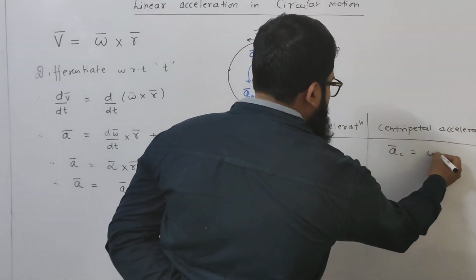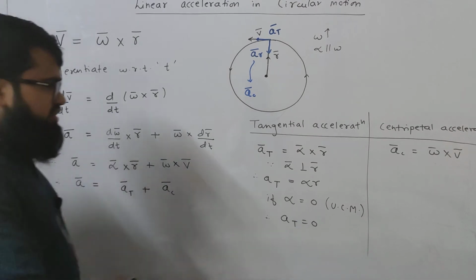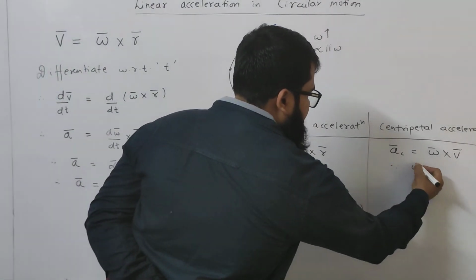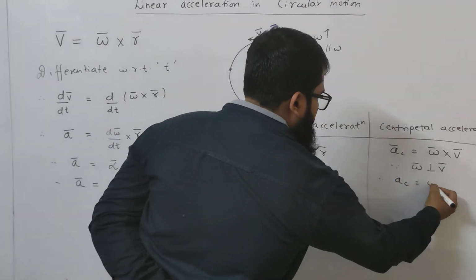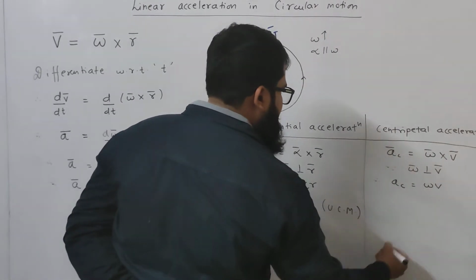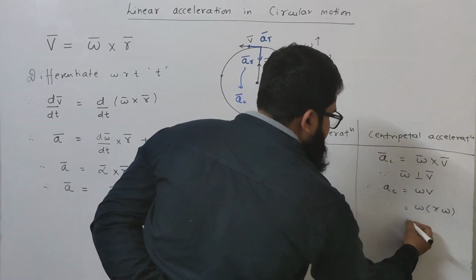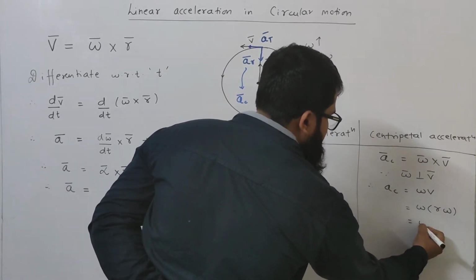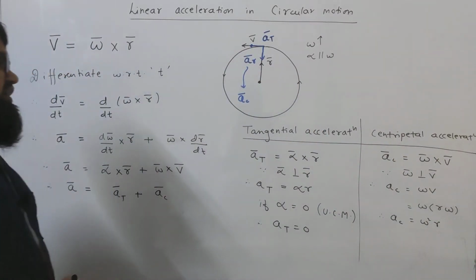Let us talk about centripetal acceleration. Centripetal acceleration is omega cross v, and again we know that omega and v are perpendicular to each other. So since omega is perpendicular to v, AC becomes omega v sin 90, which gives you omega v. From the previous lectures you know that v is r omega. So this becomes r omega square or omega square r. So centripetal acceleration is omega square r.